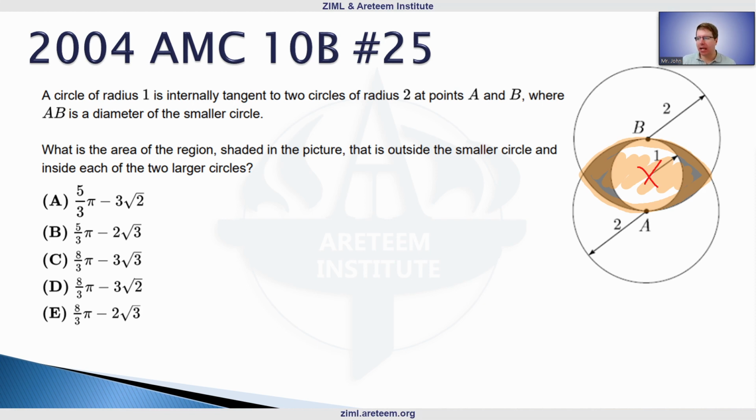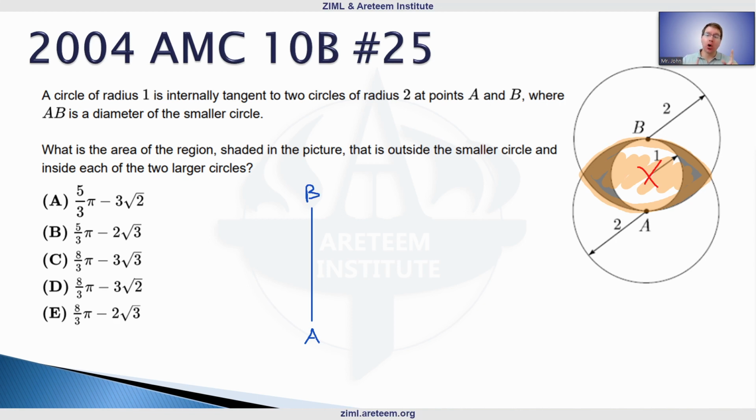Now, if we're starting to recreate this picture, let's draw it a little bit bigger in a diagram we can work with. One of our key ideas is that we have AB. Let's start with AB. That is our diameter. So we have our point A, we have our point B. That is a diameter.